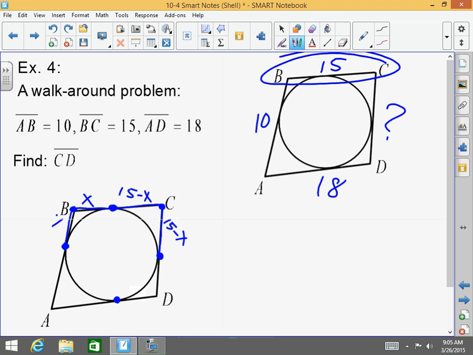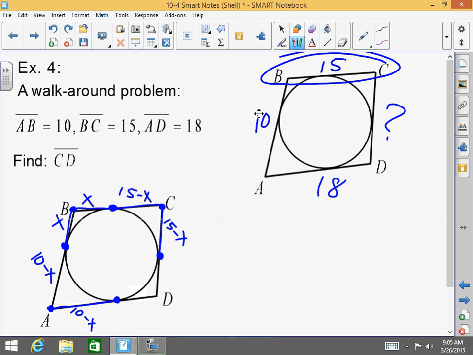X. But AB is 10, so what would A to this point of tangency be? 10 minus X. Two tangent theorem. What is this right here? 10 minus X.